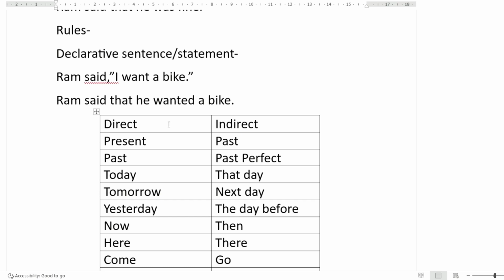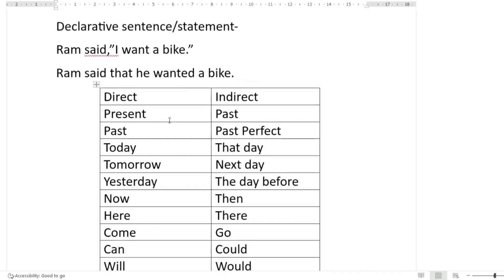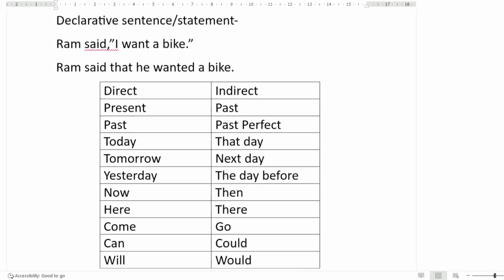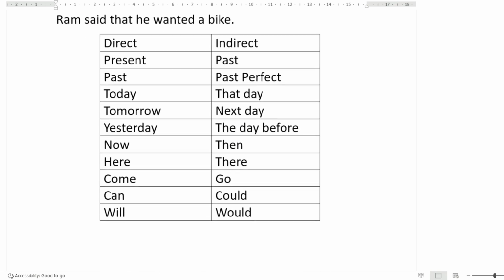I have made a box of the following changes which will happen when we change a declarative sentence. What do I mean by declarative sentence? A simple statement. ऐसा sentence जिससे हम कुछ बता रहे हैं, बस बता रहे हैं, उसे declarative sentence कहते हैं.